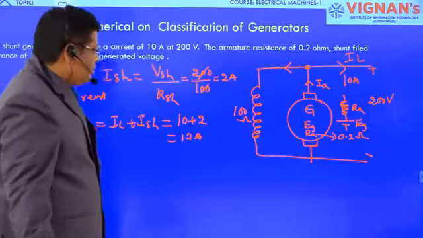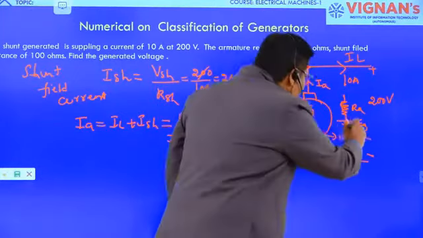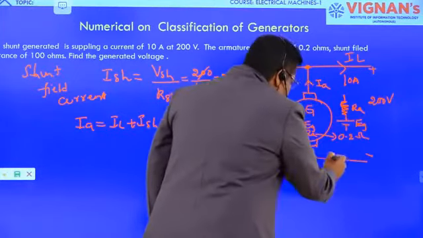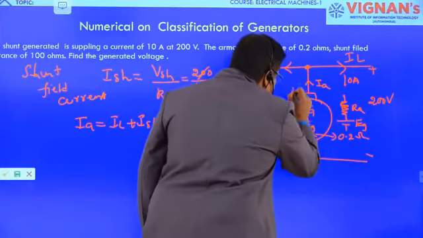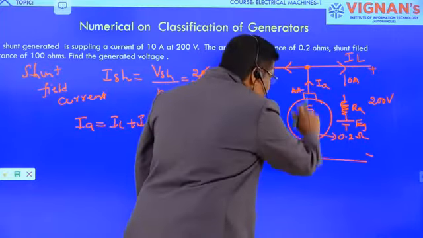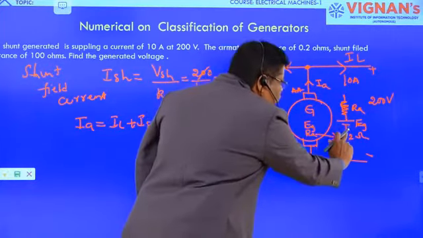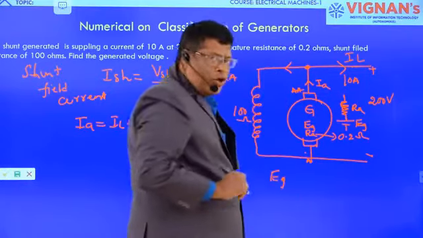Now apply KVL in this loop. When applying KVL in this loop, we start moving from this point. Take it as A, this is AA, nothing but the armature terminals. When moving in this path, this is a voltage rise, nothing but EG. A voltage rise you take as positive.